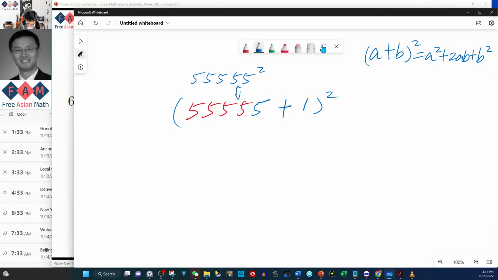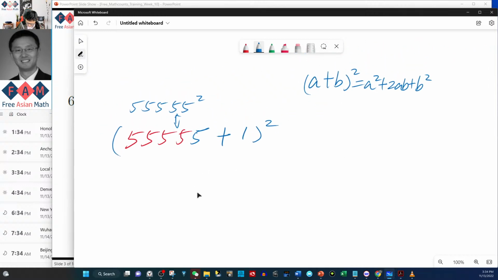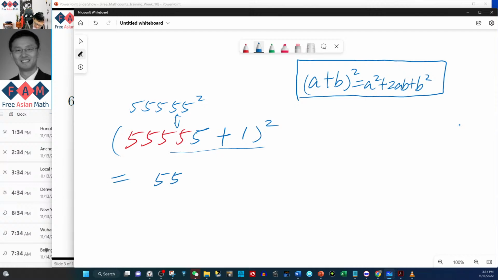Let's make it very clear. This is also another important formula, and from the left to the right, we are expanding this. From the right to the left, we are factorizing this. So with that, we will be able to write this as 55555 squared, which is a squared.